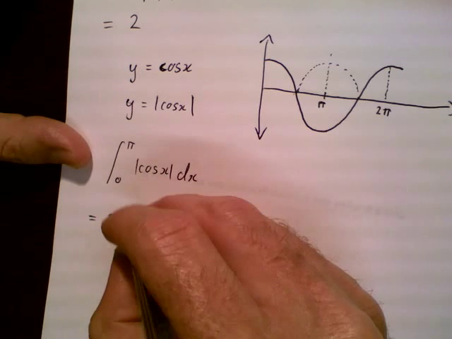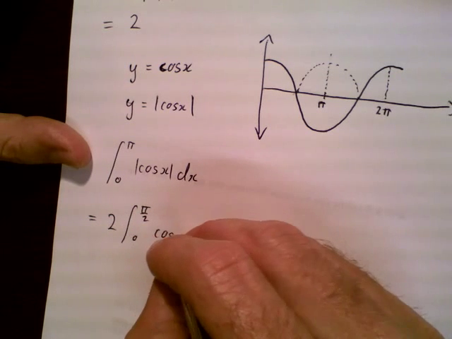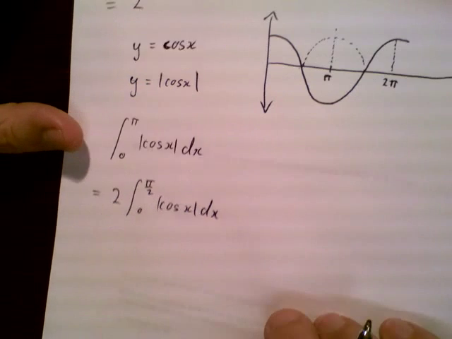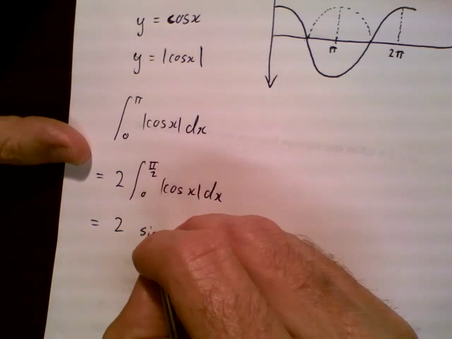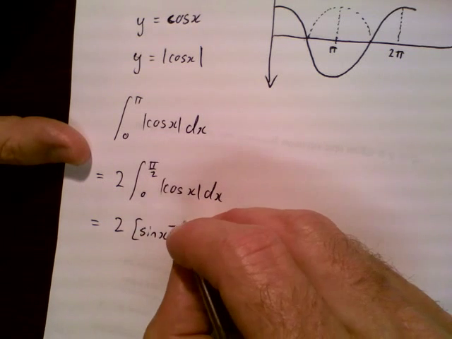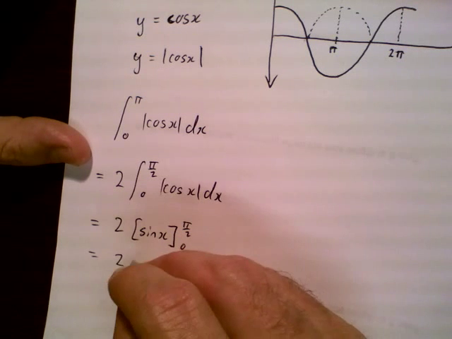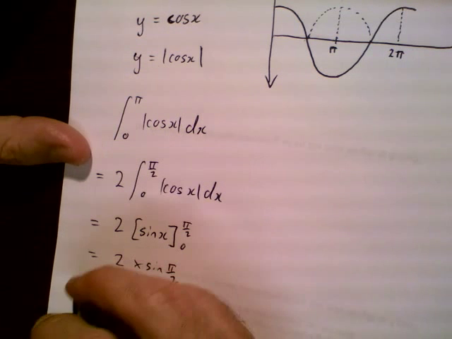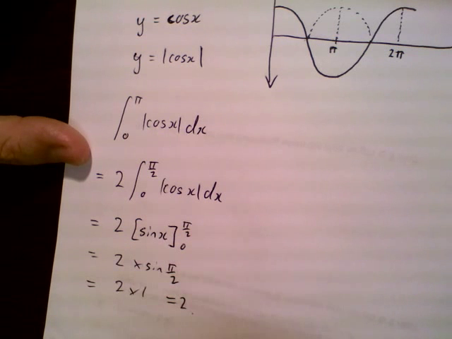So we could just call it 2 times the integral from 0 to pi on 2 of cosx dx as well to get to our answer. And of course that'll be 2 of sine x, with boundaries of 0 and pi on 2, which will be 2 times sine pi on 2, giving us our answer of 2 times 1 equals 2.